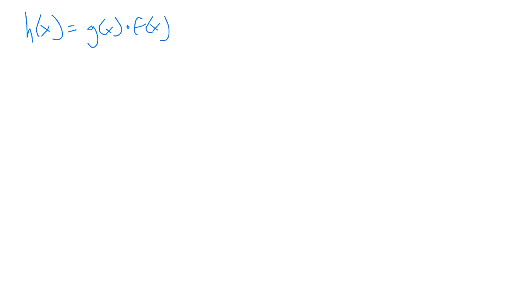And let's say that we know that f of x is equal to 2x squared plus 1, and we know that g of 2 is equal to 4, and g prime of 2 equals 1.